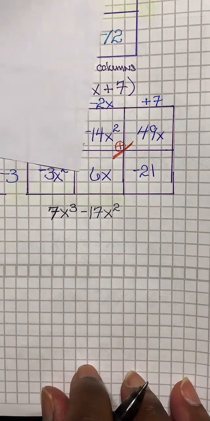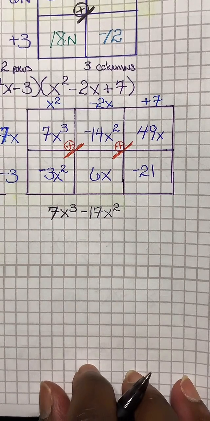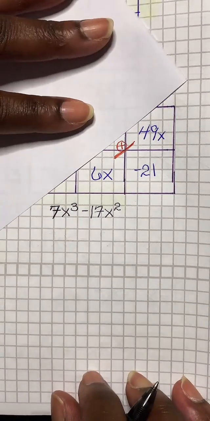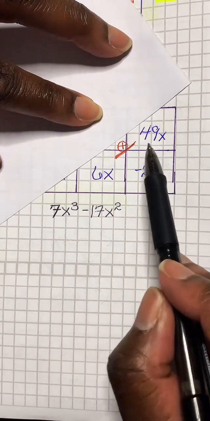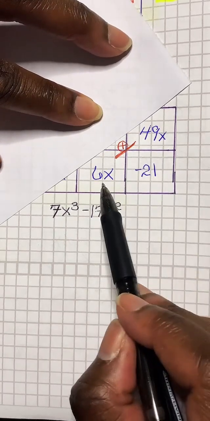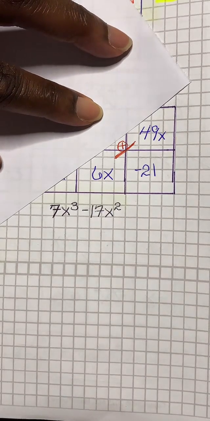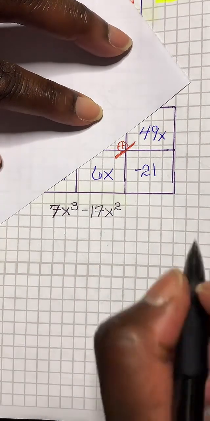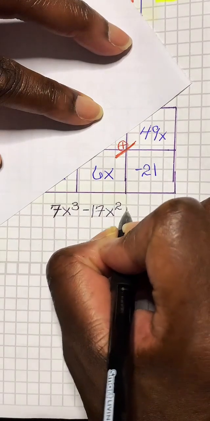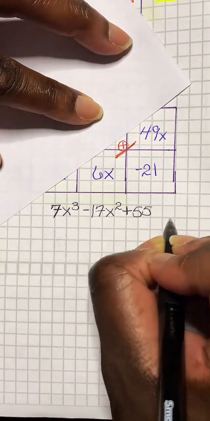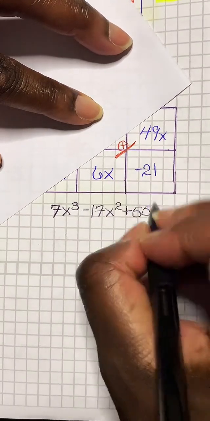So now, where'd that little piece of paper go? Here we go. So now, let's focus on the 49x and the 6x. All right? So you got your 49 and your 6. So that will give you your positive 55. And both of them have an x.